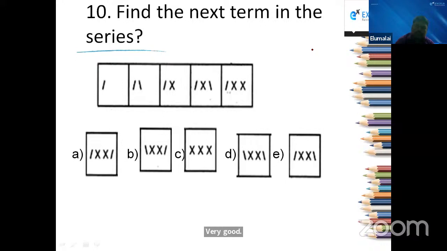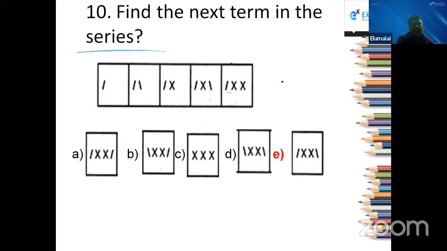Everyone is posting the correct answers. So option E is the correct answer. See here, one straight line which is slanting towards the left.